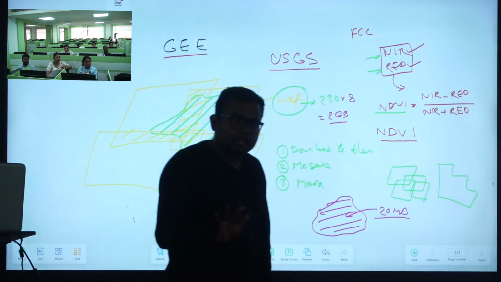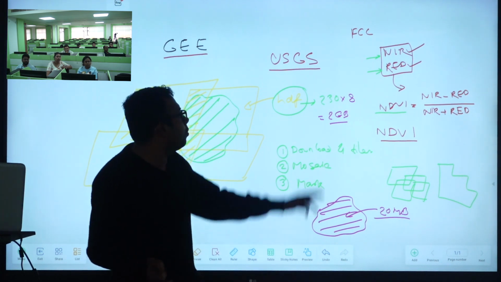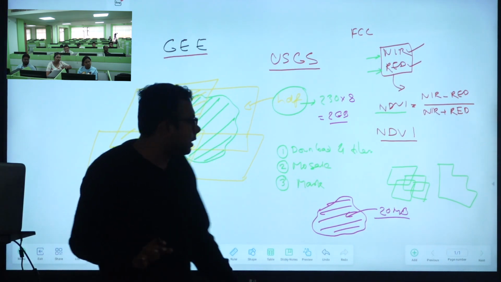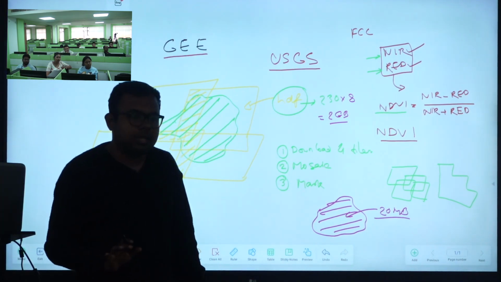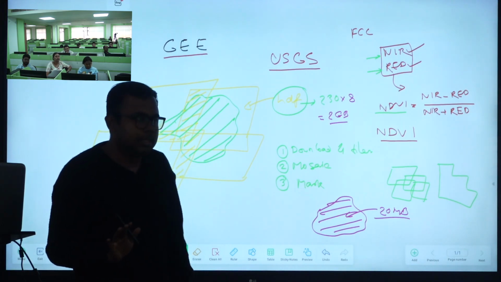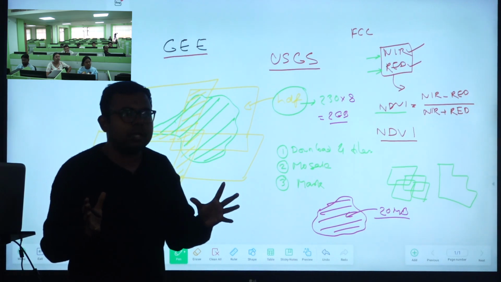In ArcGIS, if we download from USGS and process, that is how much we have to do. What we are going to do in Google Earth Engine is use the database already in Google Earth.